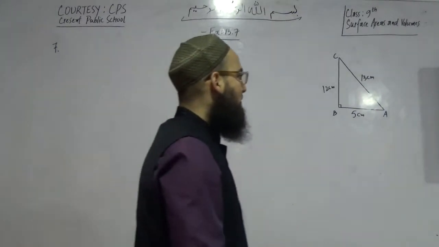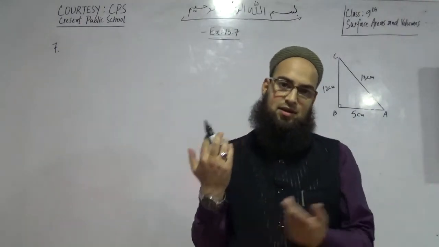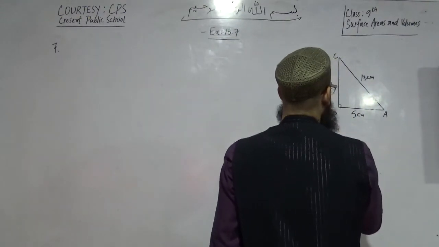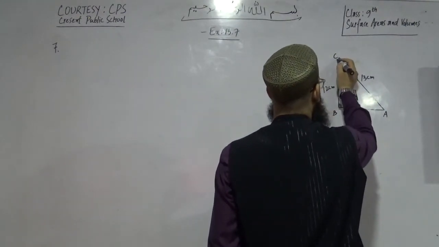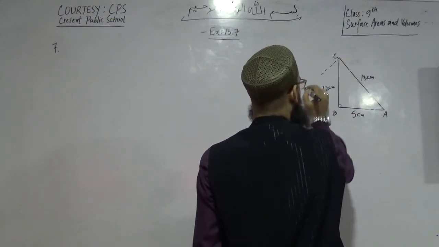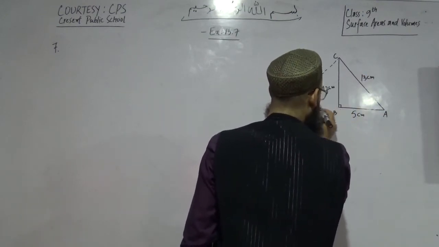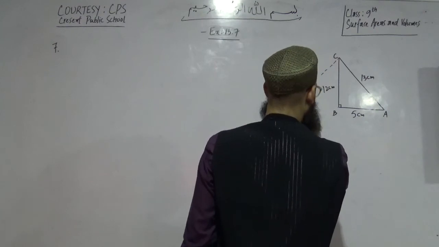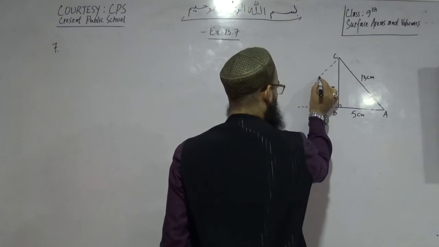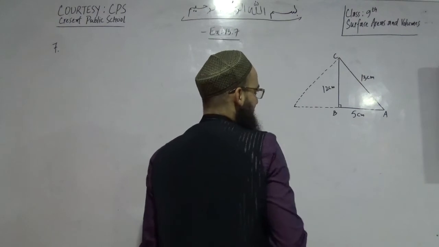So you'll get a cone. Now revolve the triangle around the side, you'll get a cone. So let us say you got like this.